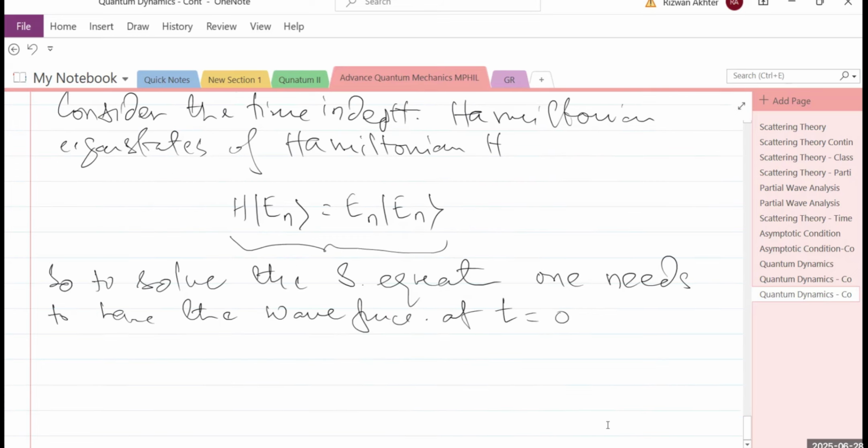So at t equals 0, the wave function would be psi comma 0, which is equal to the summation over n of |En><En|psi,0>, where <En|psi,0> is the probability amplitude. That is the overlap of the state at time t equals 0 with the state En, the energy eigenstate.